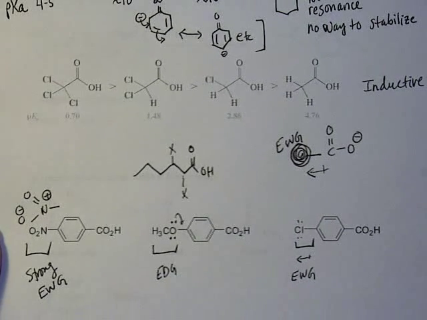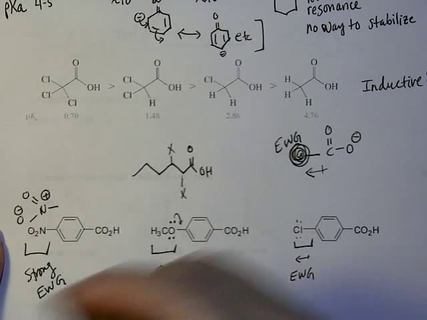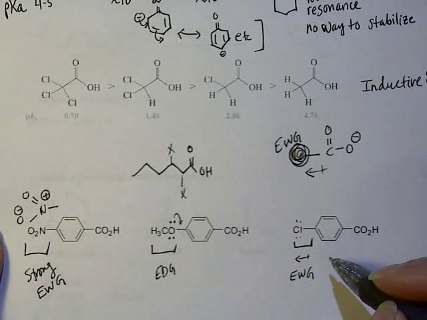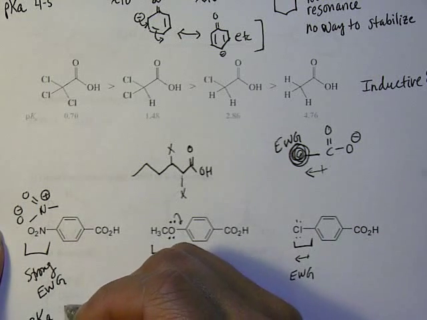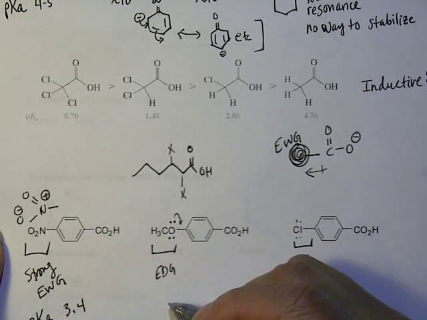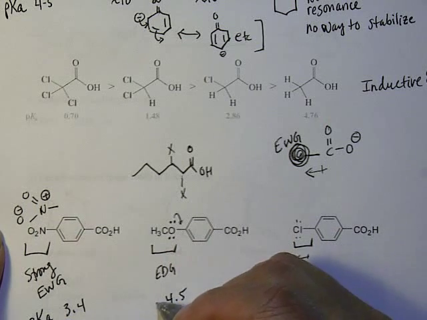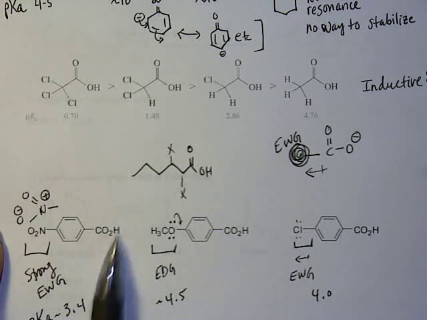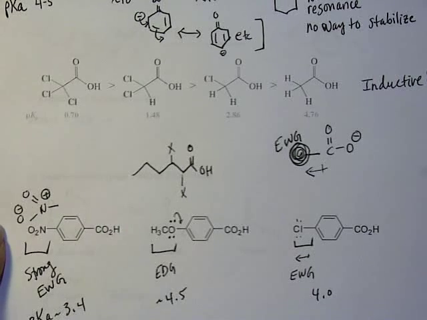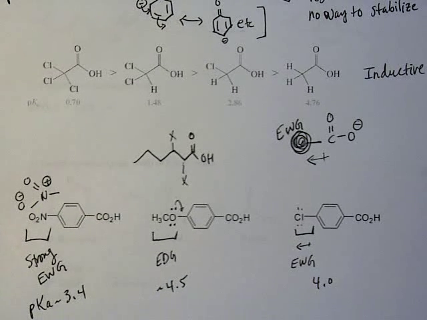And that is sort of predicted when you analyze these substituents, because if you look at the pKa, this is at 3.4, this is at 4.5, and the pKa with the chlorine is around 4.0. All right, so notice that the most acidic is the one with the nitro group substituent on it, and then the chlorine, followed by the methoxy group.